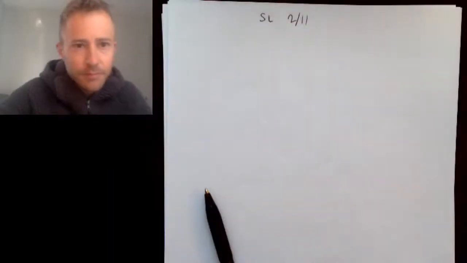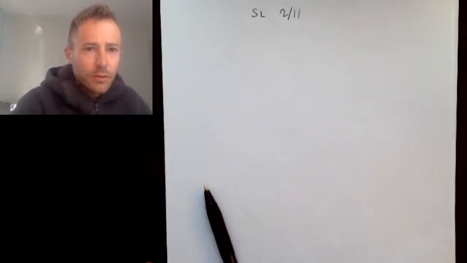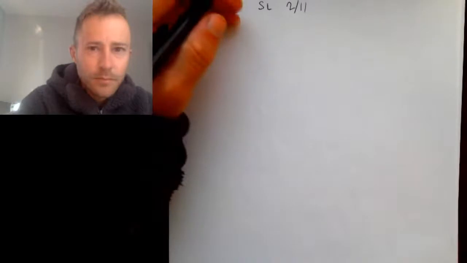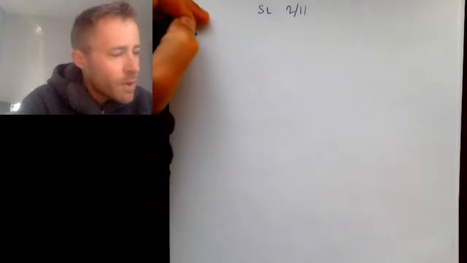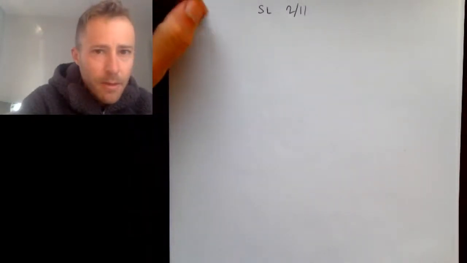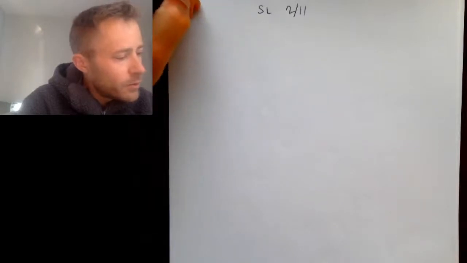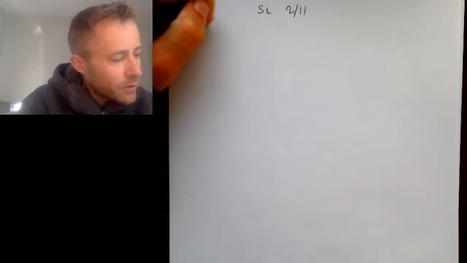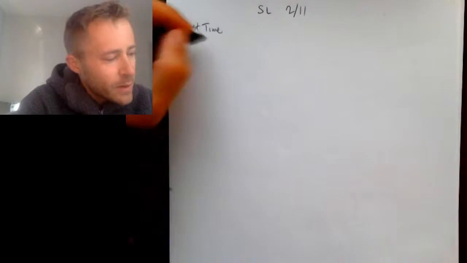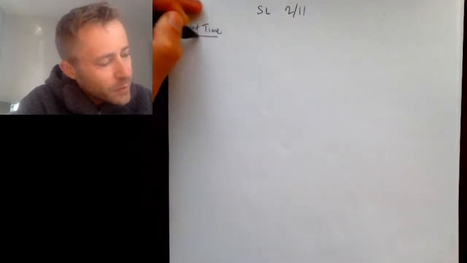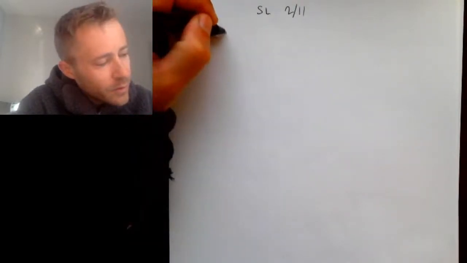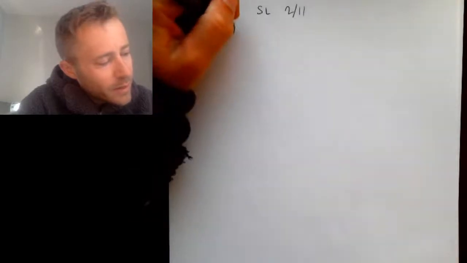Okay, so I'm going to go ahead and get started on our lesson. Let's go ahead and review what we talked about last time. Last time we talked about the magnetic force.